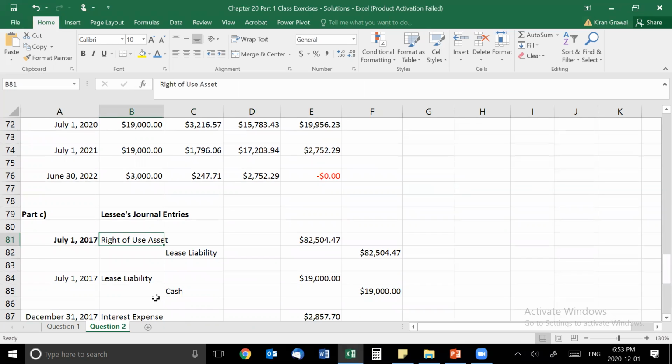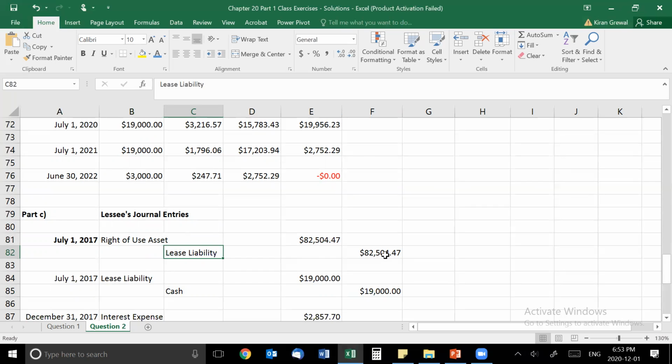So July 1st, you set up your right to use asset and lease liability, and that's going to be your present value amount. Then what else happens July 1st is you have a payment. You have to debit your lease liability, credit your cash, 19,000. Okay, so the journal entries are similar to ASPE. It's just that you're going to call it right to use asset and lease liability.